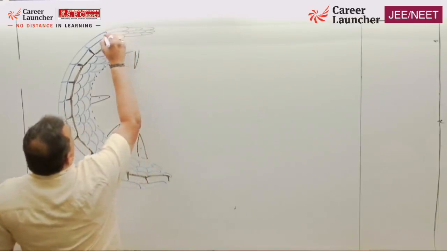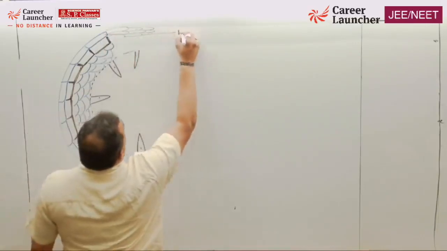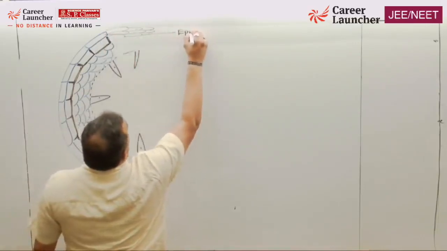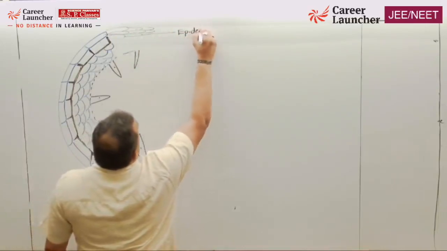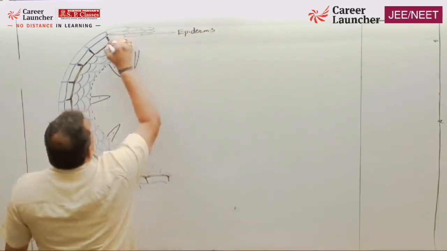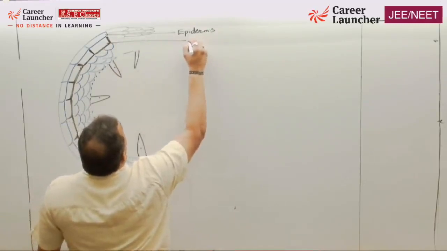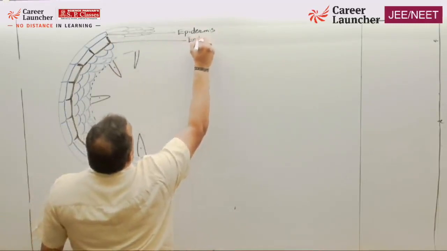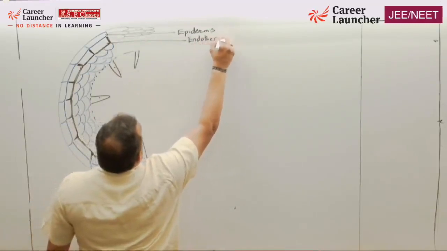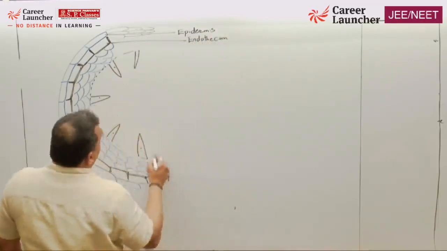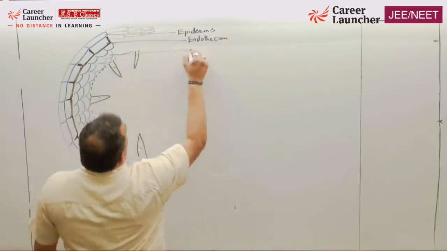So this is your first layer, that is called epidermis. This is the second layer, that is called endothelium. Then the cells of the middle layer.